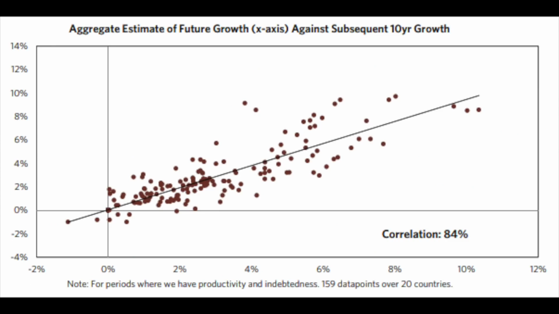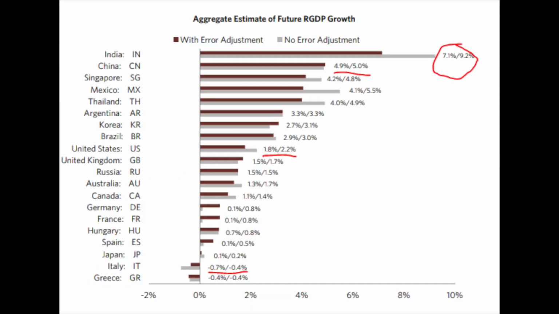They have tested the models for the last 100 something years on a 10-year forecasting basis, and it returns a correlation of 84% between economic growth and the principles of productivity and debt. If we look at Bridgewater's estimations on future growth, which will be the best countries for future growth, of course, first India, as it has a lower starting base, and then China.